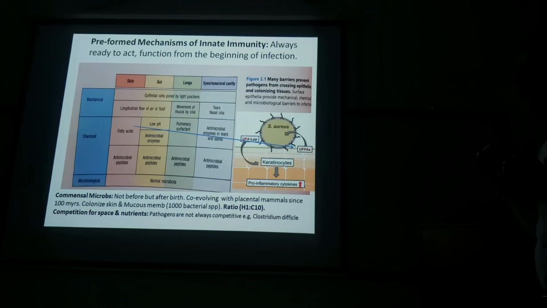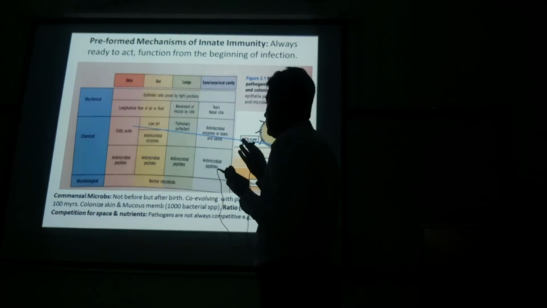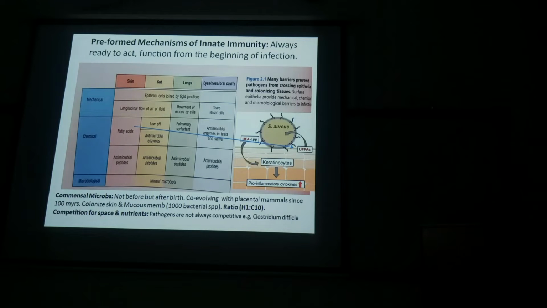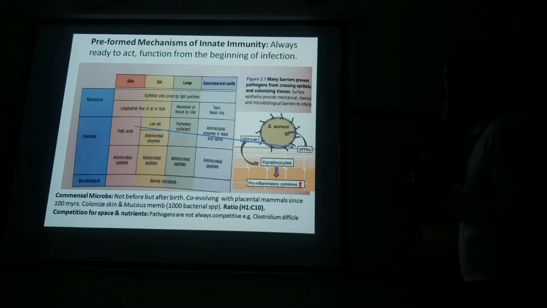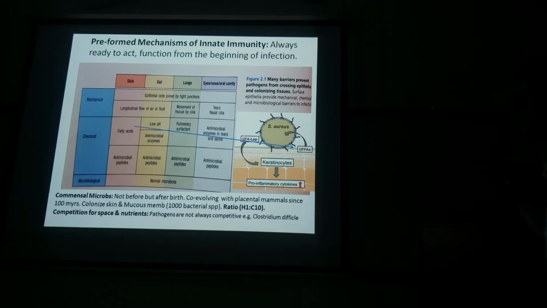Just to briefly tell you about the barriers, which include the skin barrier and gut, lungs, eyes, nose, oral cavity, and there are different mechanisms that are going to protect your body from the invading pathogens.